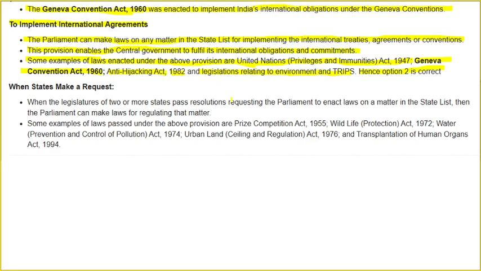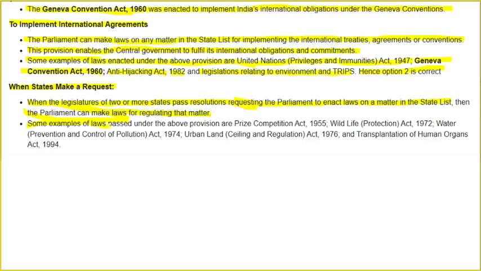Some examples of laws enacted under the above provisions are United Nations Privileges and Immunities Act 1947, Geneva Convention Act 1960, Anti-Hijacking Act 1982. When states make a request, that is, when the legislatures of two or more states pass resolutions requesting the Parliament to enact laws on a matter in the state list, then the Parliament can make laws for regulating that matter.